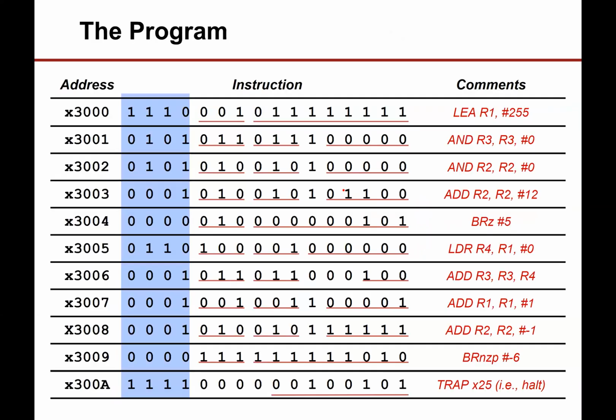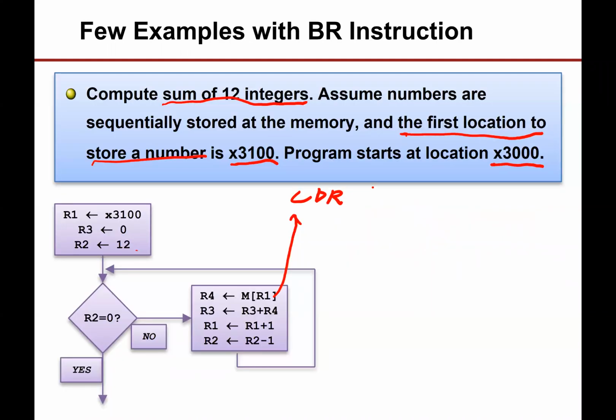Okay, so for this one, the LDR opcode is 0110. Its destination is R4, 100, right? And then the base is R1, 001.